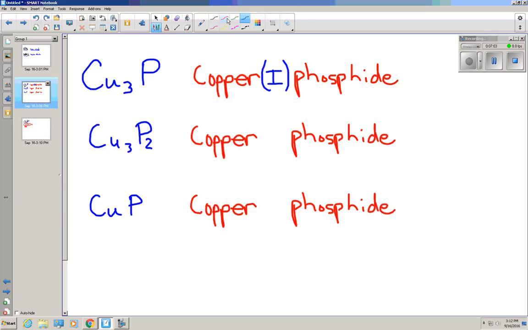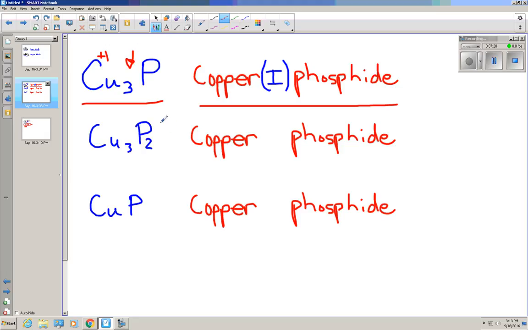So just to recall, copper is the atom with a +1 charge, and we don't really care right now what the phosphorus is. So this formula, copper(I) phosphide, is unique to this formula. Okay? It's unambiguous. If I gave you copper(I) phosphide, this can only mean this particular chemical formula.